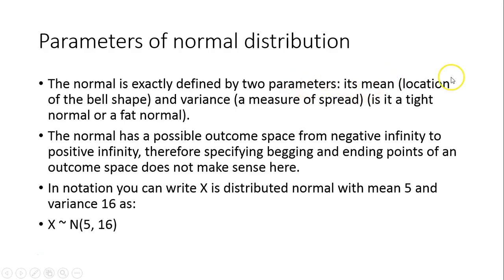Its mean, the location of where the bell-shaped curve is, or the maximum, and the variance, how spread out it is. You remember in the equation there was the sigma and the mu. The mu is the mean, and the sigma is the standard deviation, or sigma squared is the variance. It is how tight or fat the normal is.